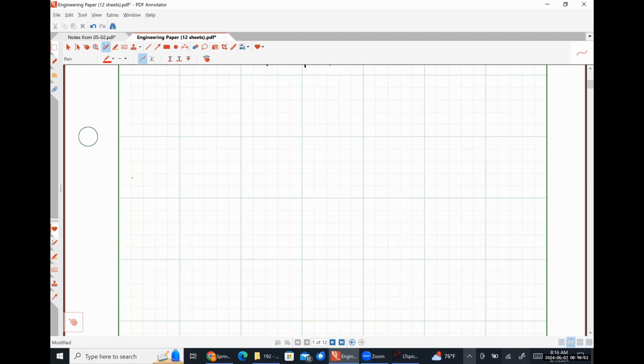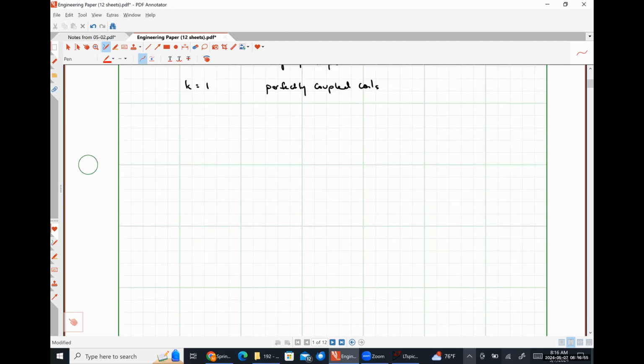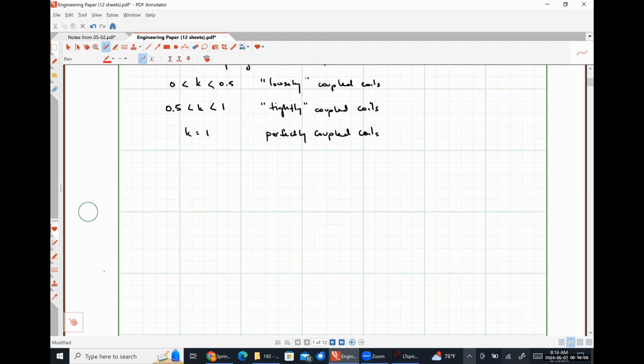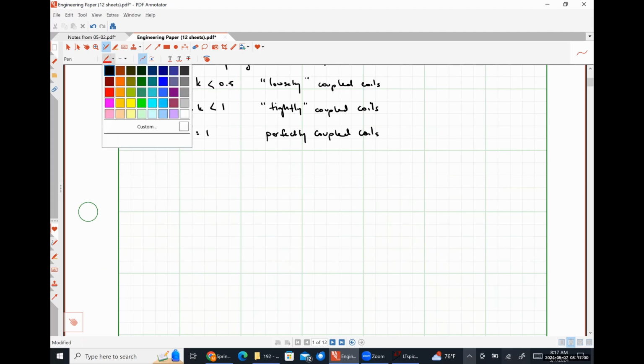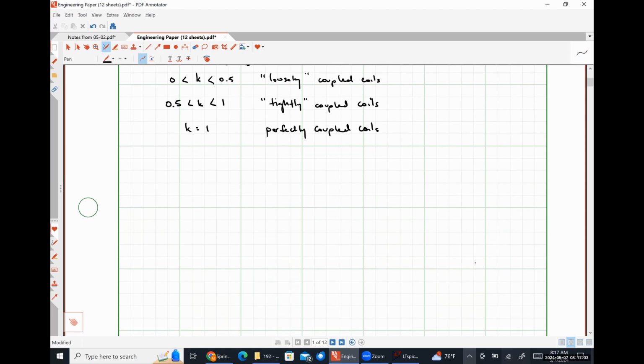let's move along to a mathematical description of our coupling coefficient K. Mathematically, our coupling coefficient K is the ratio of our mutual inductance M divided by the square root of L1 and L2, where L1 and L2 represent the self-inductance of coil 1 and coil 2.